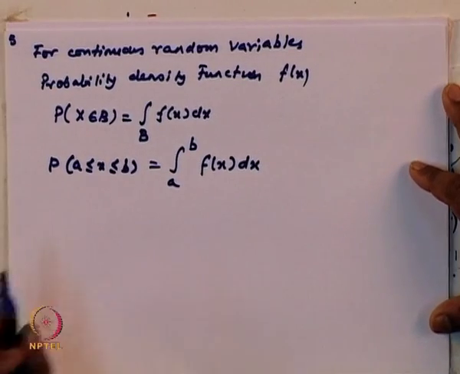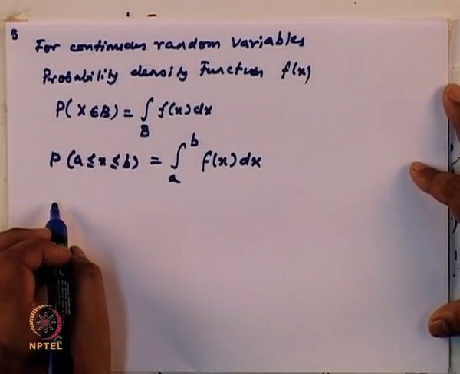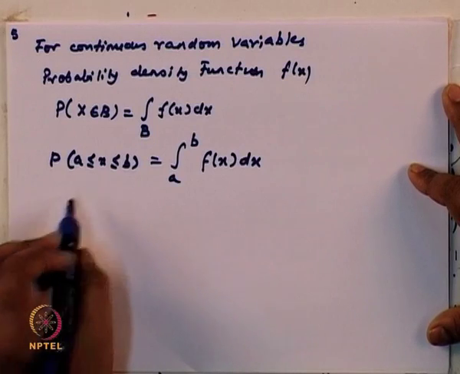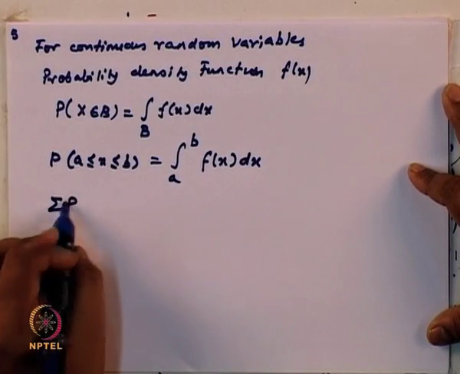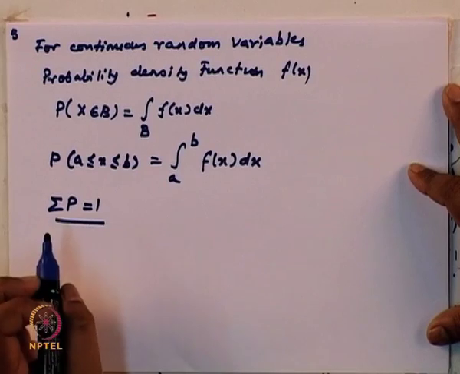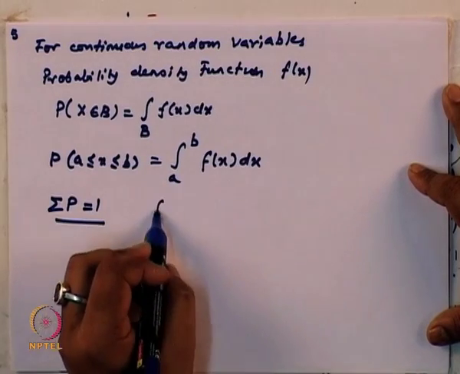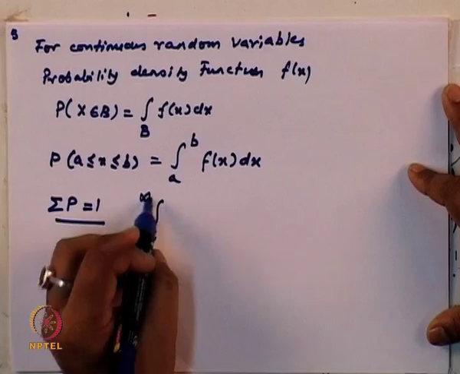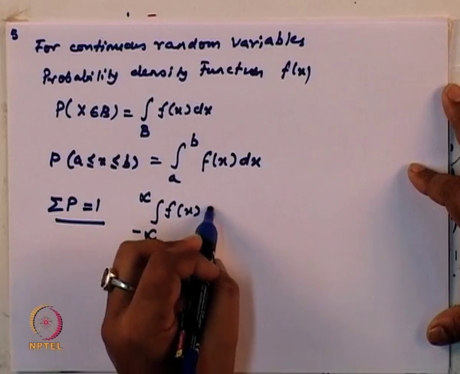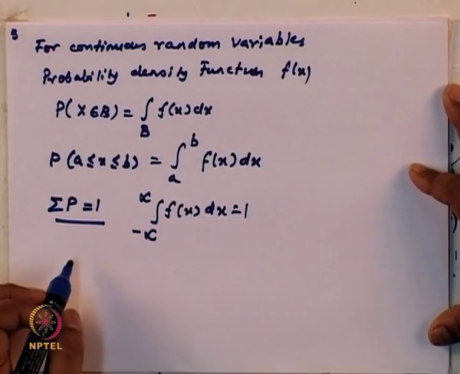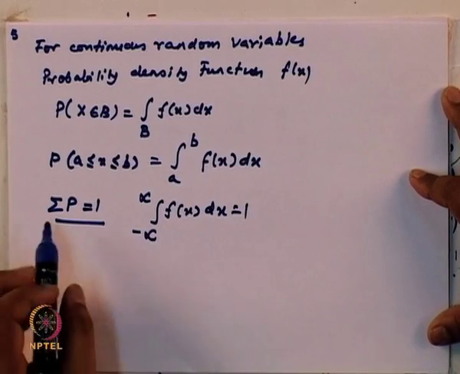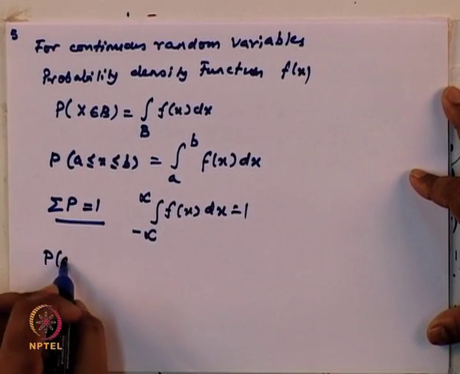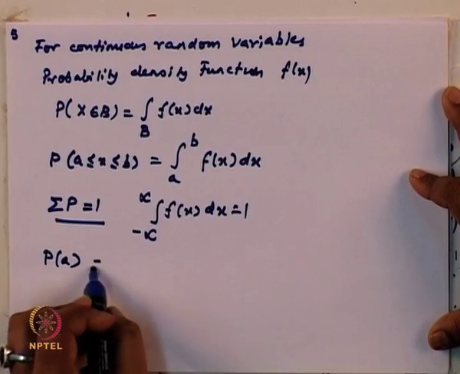Okay. So, if this is true, how do I define the total probability? I must have the function. For discrete variables, the summation of p must be equal to 1, right. So, what I essentially have is the integral from minus infinity to infinity of f of x dx must always be equal to 1. At the same time, what is the probability of a, which is probability of x equal to a?